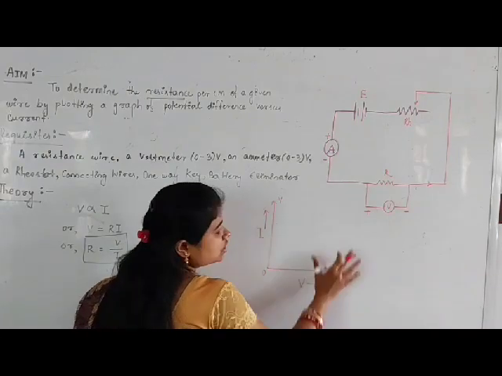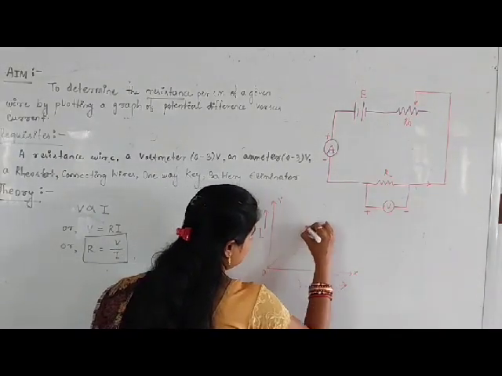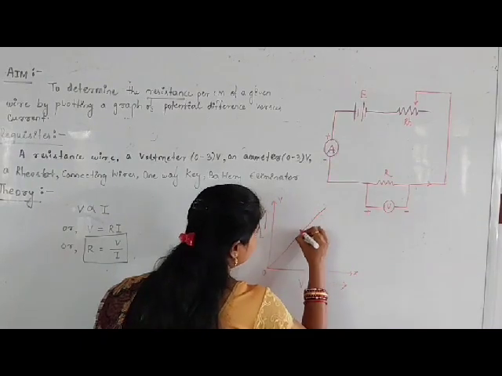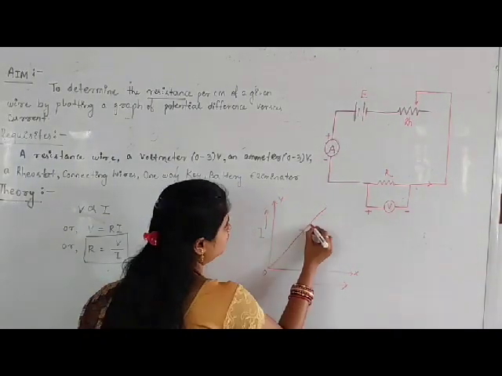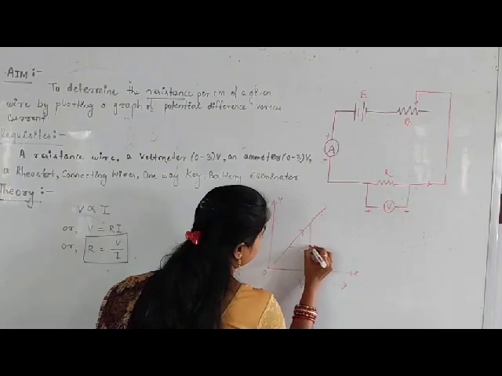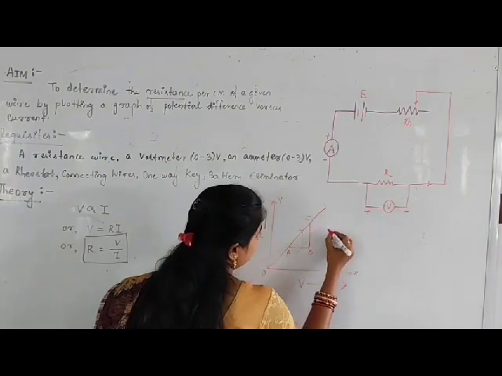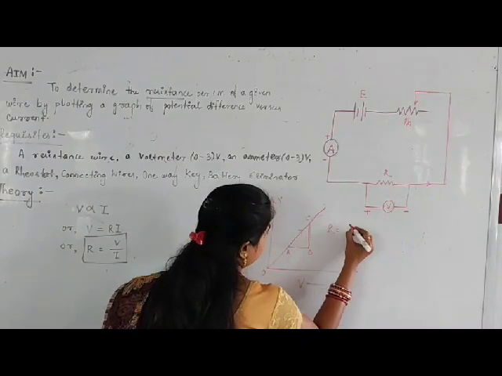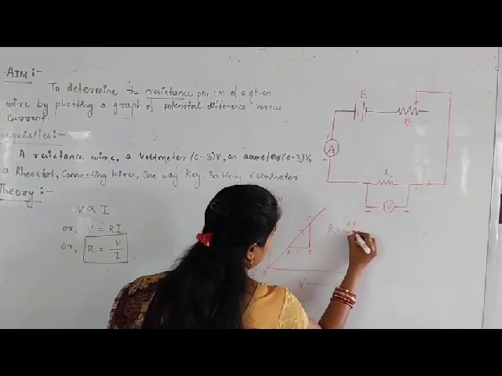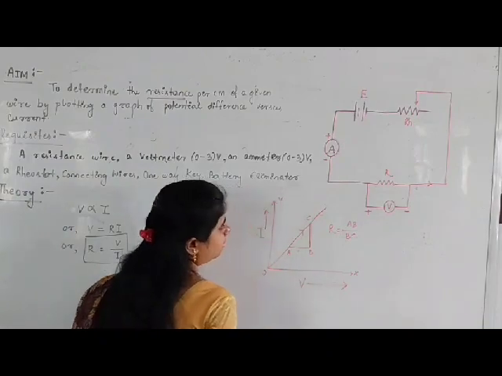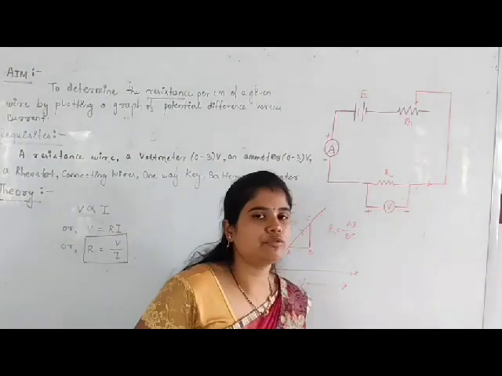The graph should be a straight line passing through the origin. After that we have to take its slope. Taking points A, B, C, the value of R will be equal to AB upon BC. Okay, this much we need to find out.